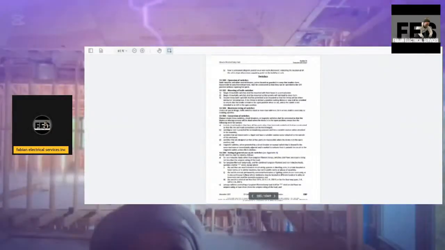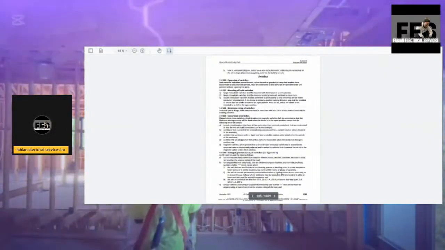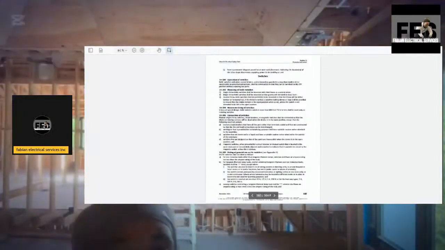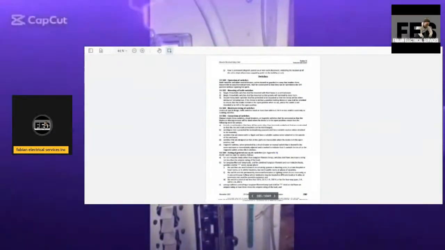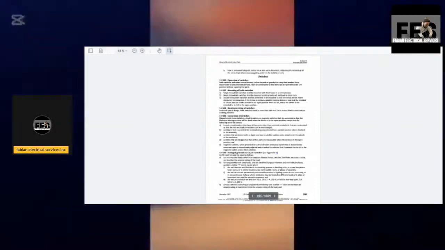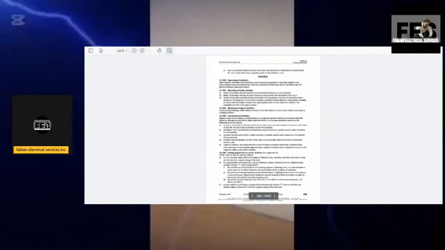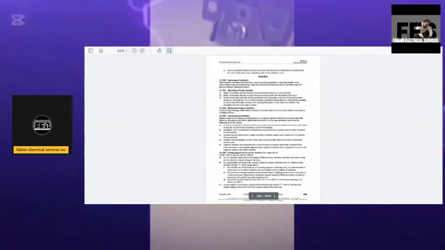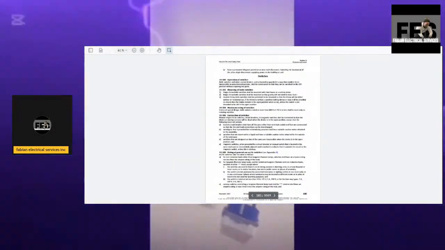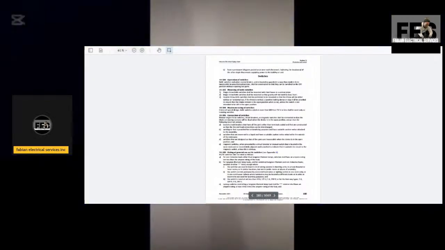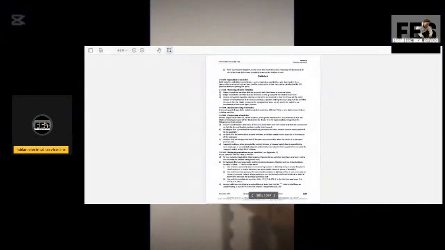Mounting of knife switches: single throw knife switches shall be mounted with the bases in a vertical plane. Single throw knife switches shall be mounted so that gravity will not tend to close them. Double throw knife switches shall be permitted to be mounted so that the throw will be either vertical or horizontal.